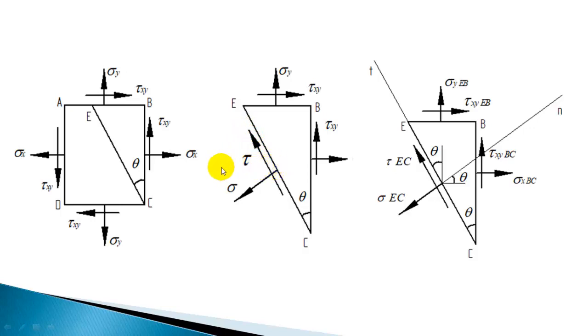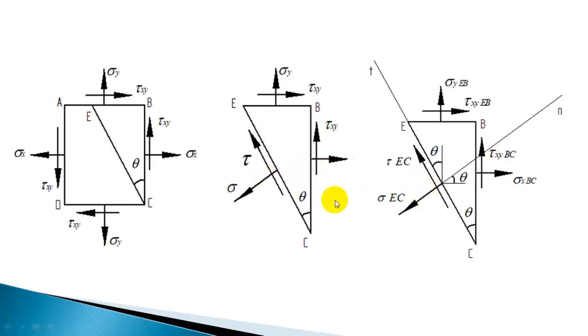So the resultant force may be inclined, so I have shown it as normal stress and shear stress. As a result of these forces, this element will be in equilibrium. These are the forces acting externally, and this is the internal force. This part is exerting so much force on this small portion of the element to maintain equilibrium.